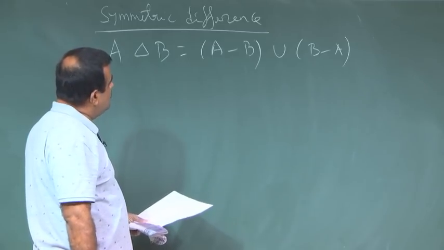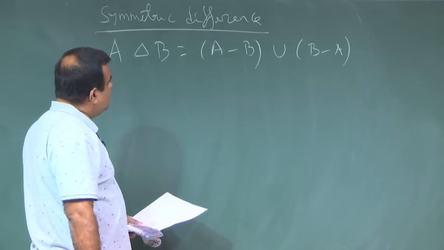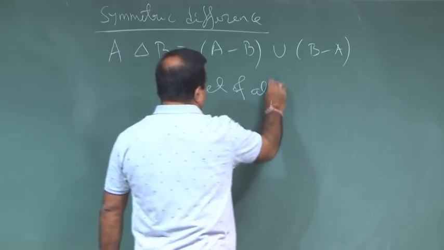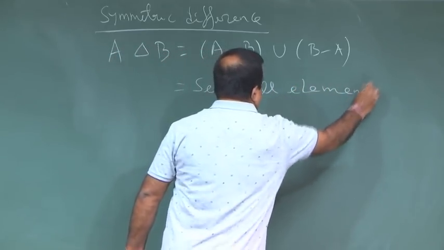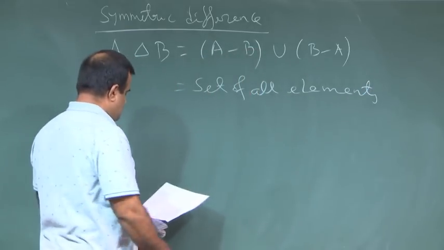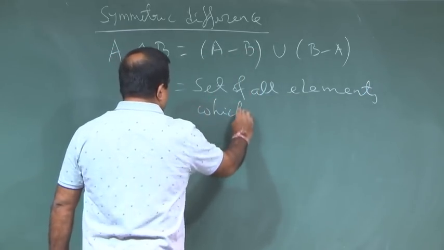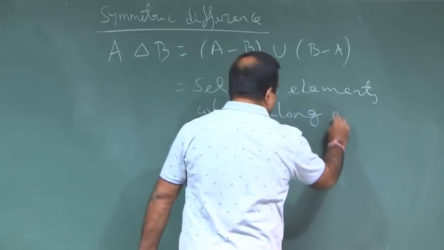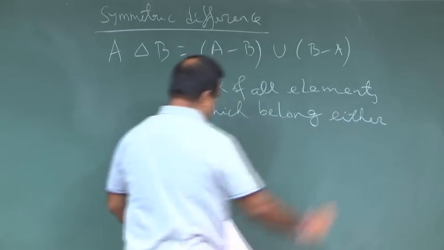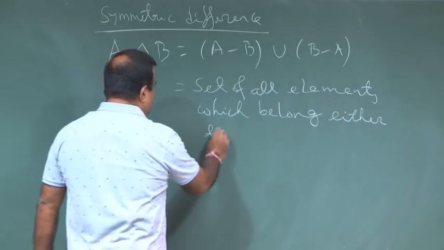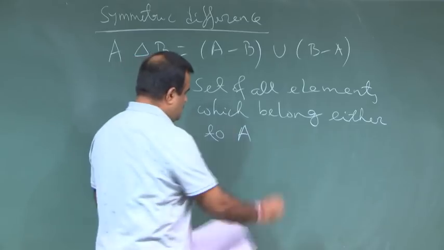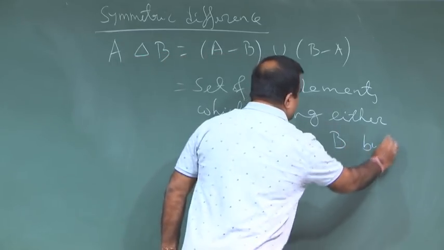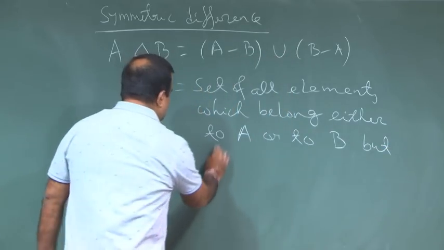So, this is basically the set of all elements which belong either to A or to B, but not in both.